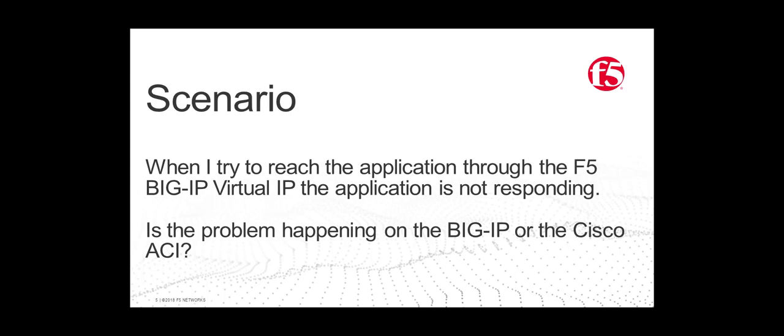Is it a problem happening on the Big IP, or is it a problem happening at the Cisco ACI fabric? Now, using the visibility tab, we can see some of the information like what is the status of our VIP, of our pool, what are some of the connections that have been established, what is the interface status, etc., which can help us narrow down the issue and pinpoint as to where the problem is happening.